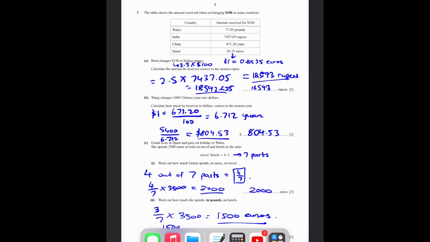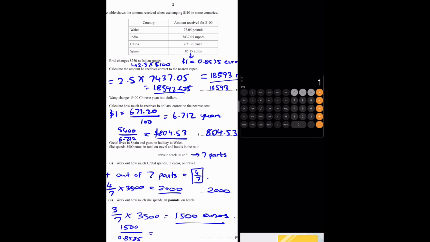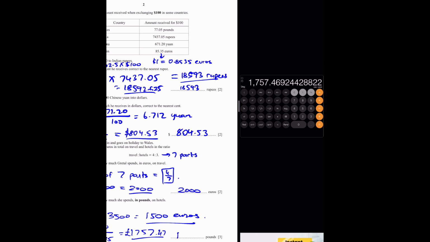And that is going to be, getting our calculator out, 1500 divided by 0.8535. That's 1757.47 pounds. That's our answer. By the way, even if you don't know the actual symbol for pounds, of course, it's fine. You just need to write the number. It doesn't matter if you know the symbol or not.